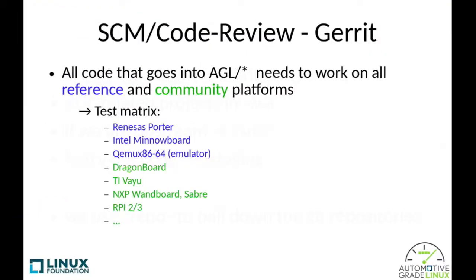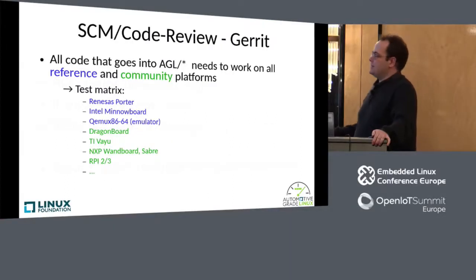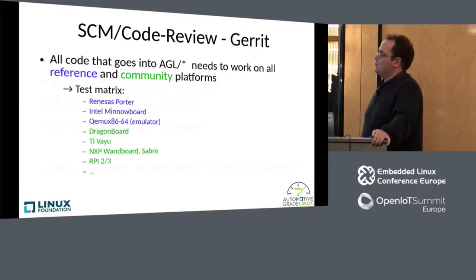Now, if we want to support all of these boards, we have the reference platforms, which are right now the blue ones that you can see: ARM, x86 hardware, and an emulator target, which is good to have for quick boot tests or for tests which we can do on an emulator in the automation.